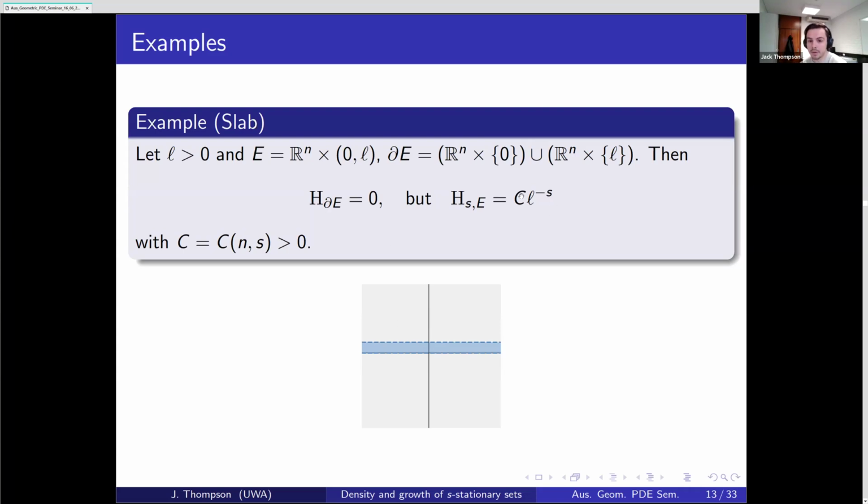This is why it comes out to be positive, and you can compute it and you get something like this. So this is purely non-local. When I'm computing the curvature on this side, it sees the fact that there's a boundary on the other side, and this has an effect.